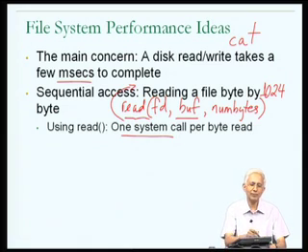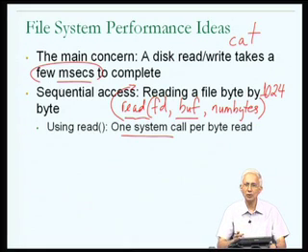So while this is not as bad as the amount of time that it takes to do a disk I/O, it is still much worse than the amount of time that it takes to read something out of main memory. Remember, that was only in our current estimation of things 100 nanoseconds or so. So the microsecond is much worse than what we are talking about. Therefore, using system calls in this way, where I'm making a system call every time through my cat loop, doesn't seem like a very good idea. What we want is something better than that.